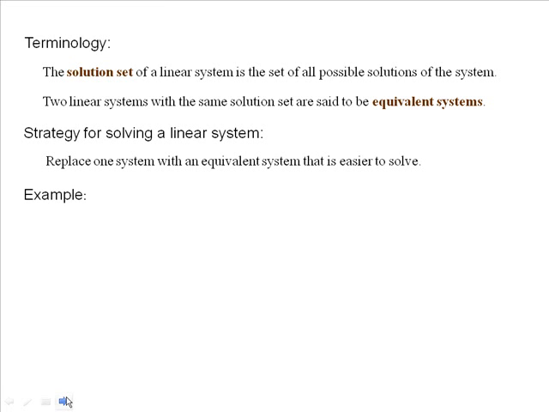So in this example, we have x1 minus 2x2 equals negative 1, and negative x1 plus 3x2 equals 3. Notice that this is the first set of equations that we looked at when we were looking at graphs. Normally, we would begin by trying to eliminate x1 from the second equation.